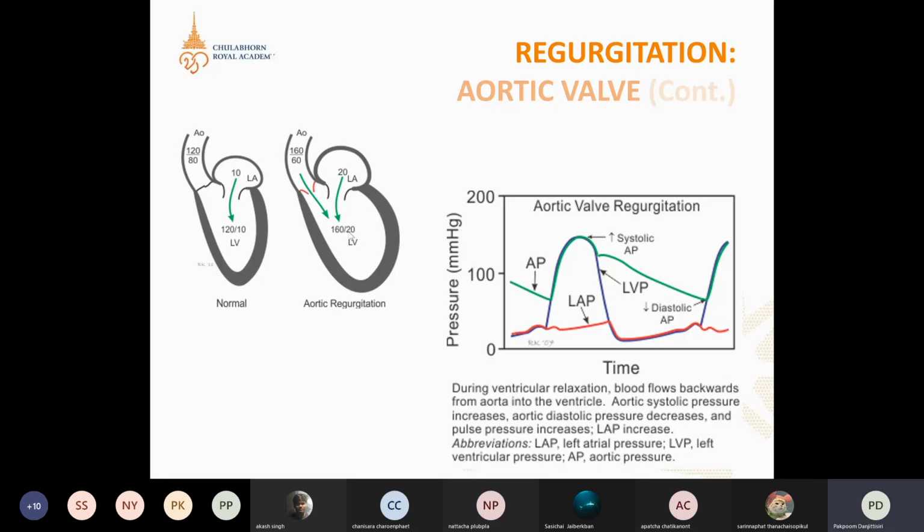And definitely after the LV EDP is increased, the LA must generate more pressure in order to overcome the pressure in the LV and pump the blood from the LA into the LV. Okay, so that's why the LA pressure is increased.